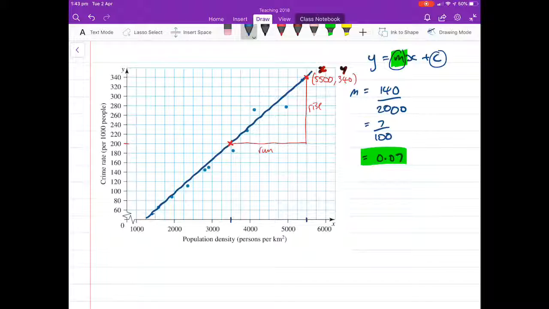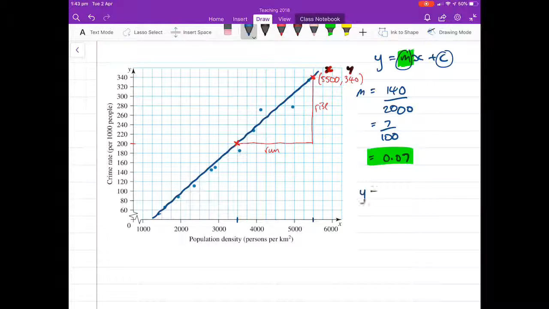When we substitute that in, we start with y equals mx plus c. My y value is going to be replaced by the y value up here of 340. My m, we just found, is 0.07.